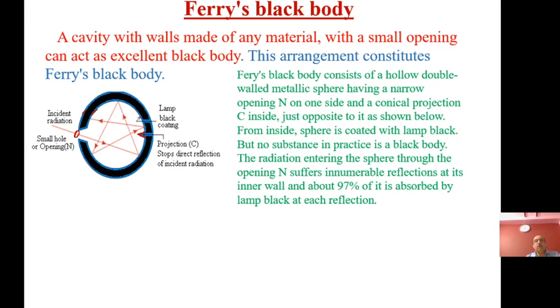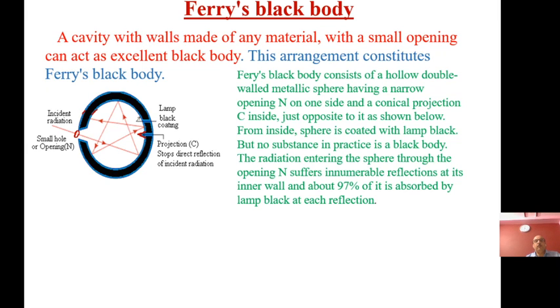If there is any direct radiation on it, the conical projection will reflect it inside the cavity. From inside, the sphere is coated with black color, in practice lamp black.